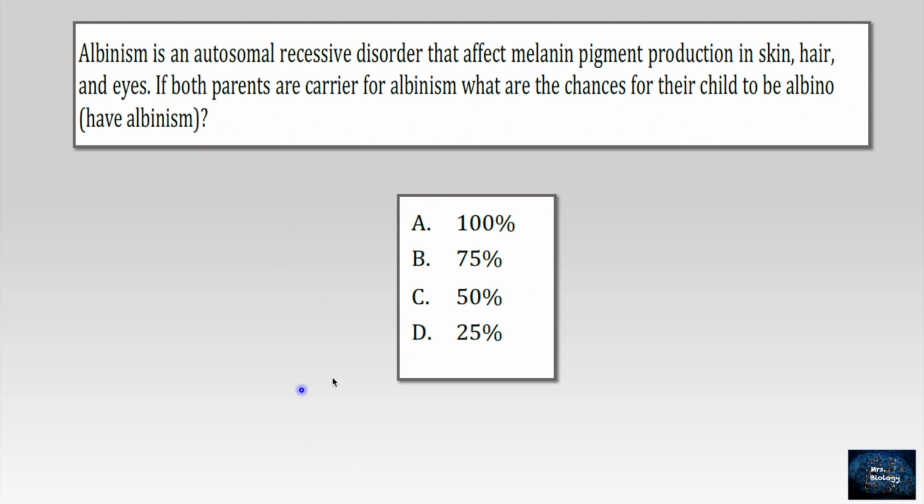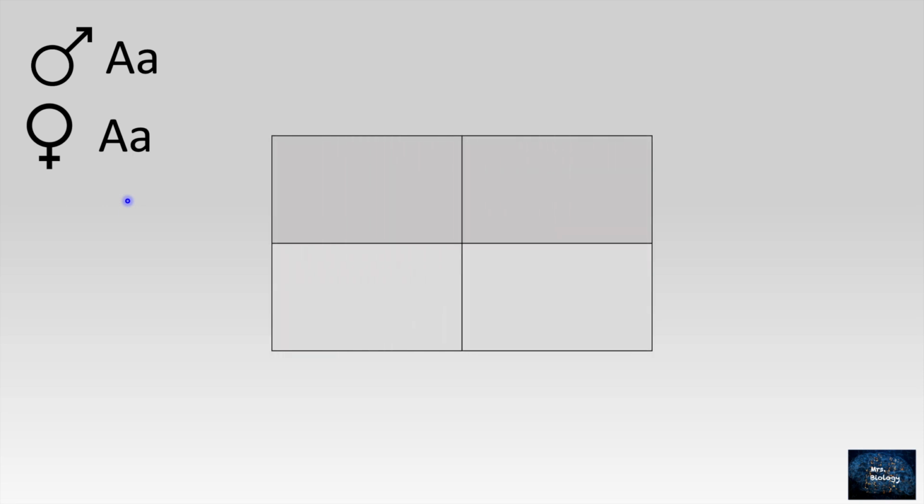So to make sure that 100% our answer is right, we need to use the Punnett square. Let's start. So, as they mentioned, the parents are carrier, so I chose the letter A to differentiate between uppercase and lowercase. Let's draw the Punnett square and distribute the alleles on the upper side and on the left side. As usual, we will look up and left for each square.